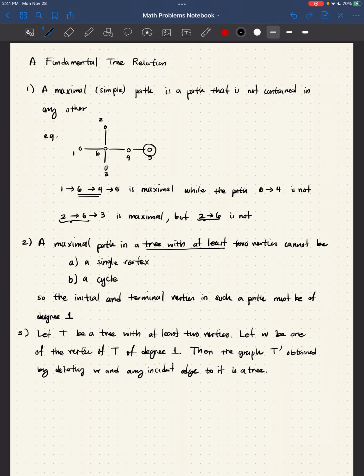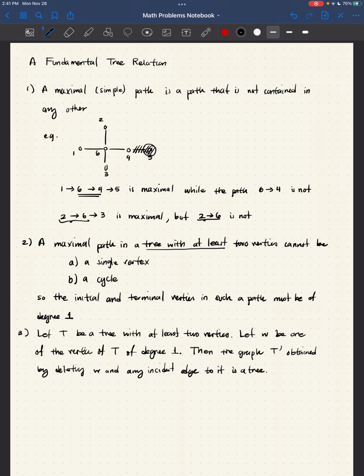Now, if I was to remove it, along with its incident edge, which is the only one that it has, what remains is a graph that is also a tree. So what we're going to do here is to prove it in the general case, that we can always perform such an operation.